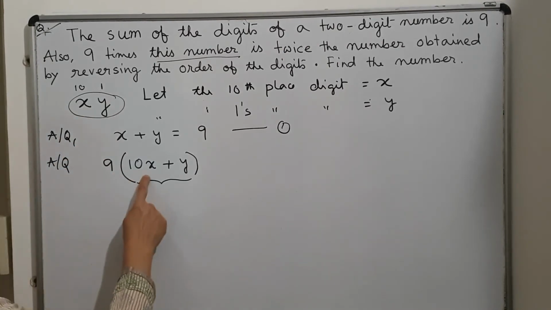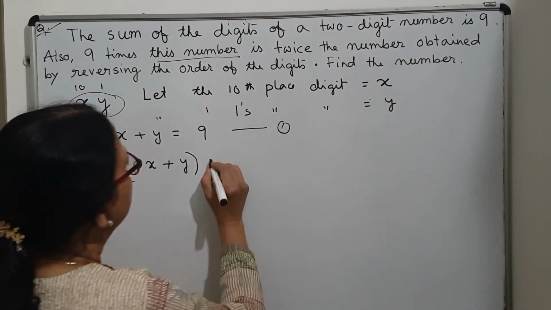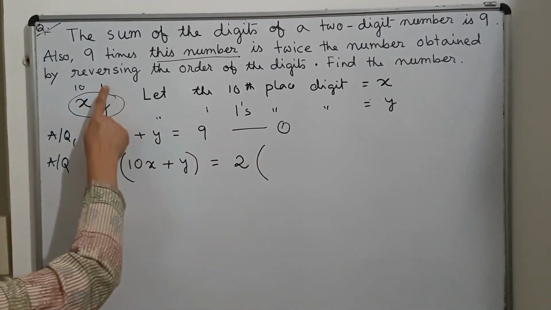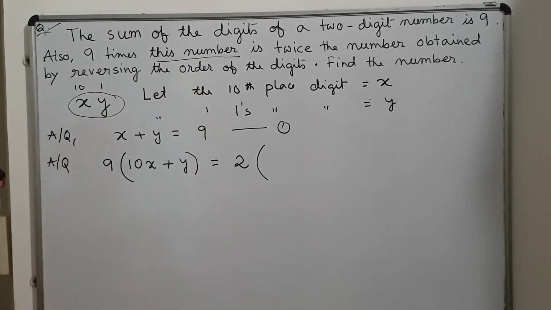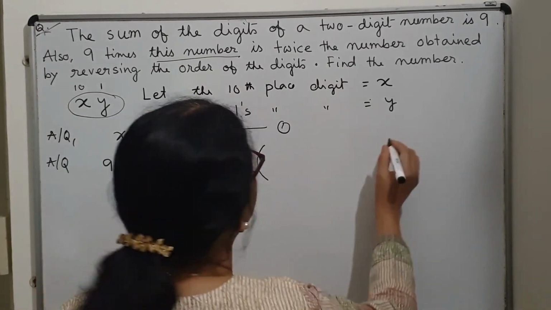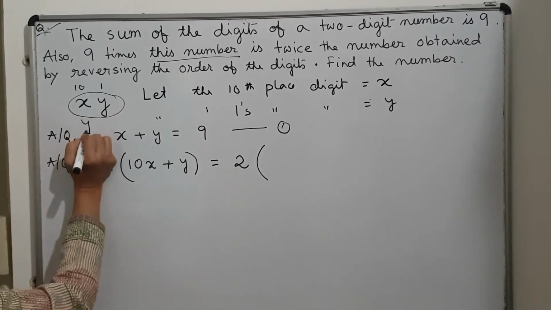So 9 times this number is twice the number obtained by reversing the order of the digits. When I reverse the order of the digits, it will become yx.